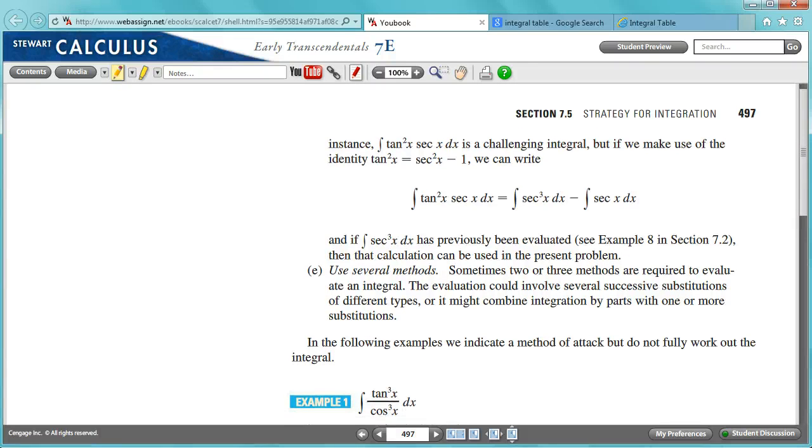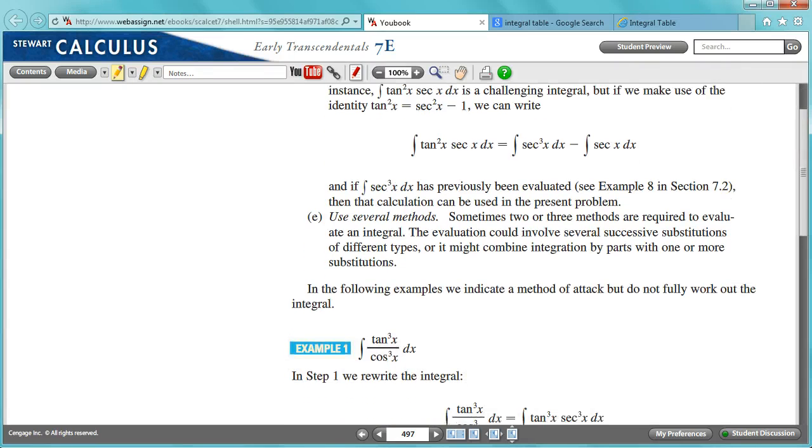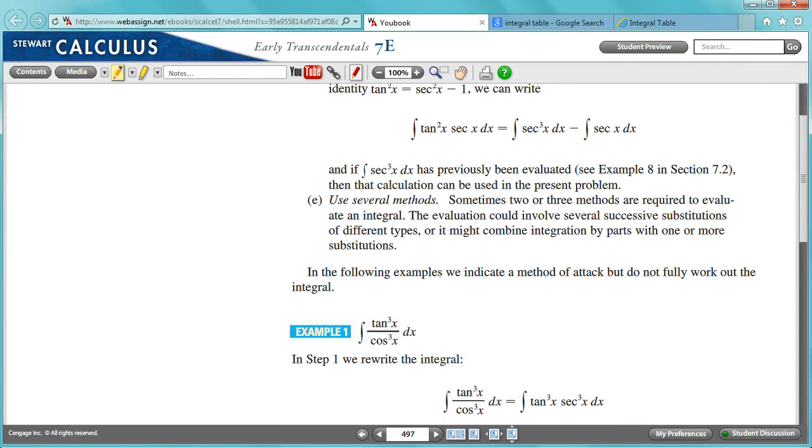So let's do several application problems, or some exercises. First example, that's one of the easiest ones, tangent cubed over cosine to the cubic power, and all you have to do is to recognize 1 over cosine is secant, so you can rewrite 1 over cosine into secant, and this is what you get, tangent to the 3rd power times secant to the 3rd power.